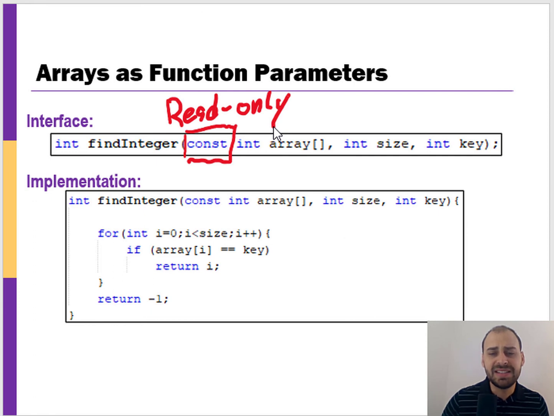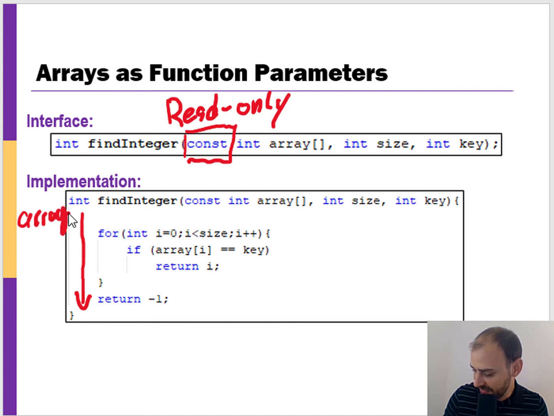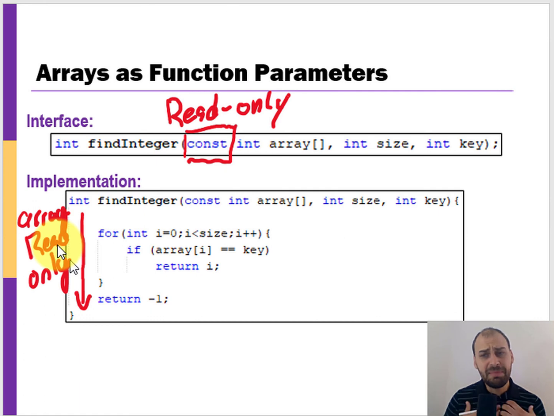That prevents the body of the function from ever writing to the array. The array is effectively read only. A big part of what you're doing there is preventing the programmer from making a mistake, from accidentally changing that array when they're not supposed to.